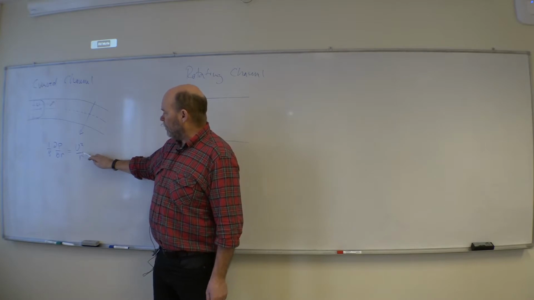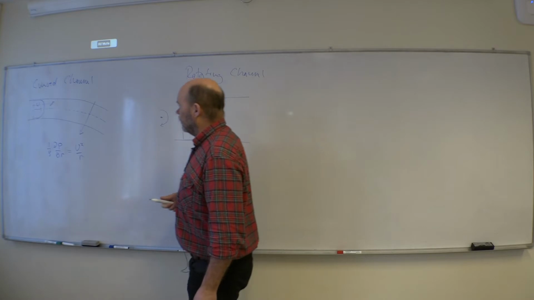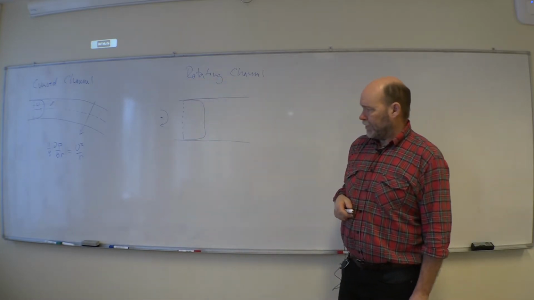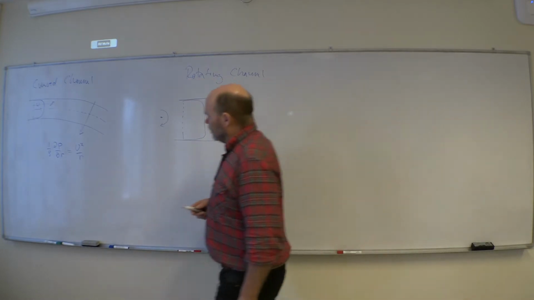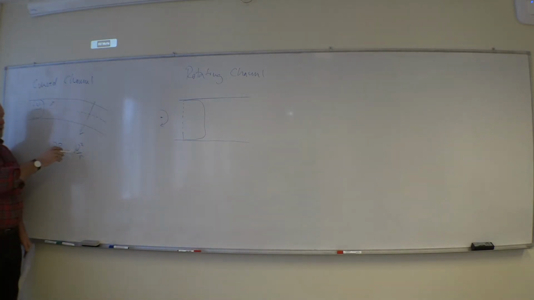It will be bigger than what this local pressure gradient requires. And what's then going to happen? Well, the centrifugal force is now bigger than the local pressure gradient. You will continue out.